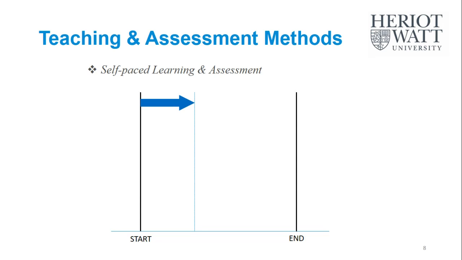Some of them might have previous experience or might be doing things at work that actually allow them to meet the learning outcomes early. So they don't need to stay all the semester doing the course if they already have evidence that they have covered all the learning outcomes.